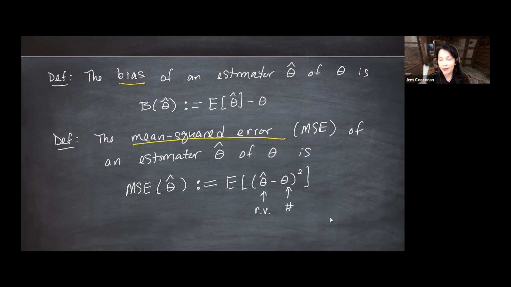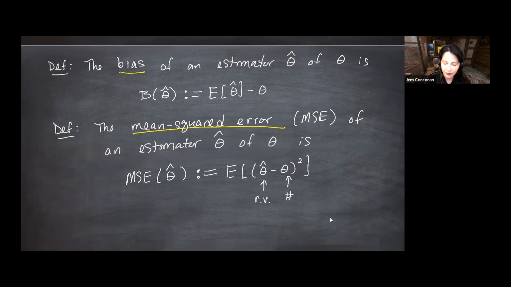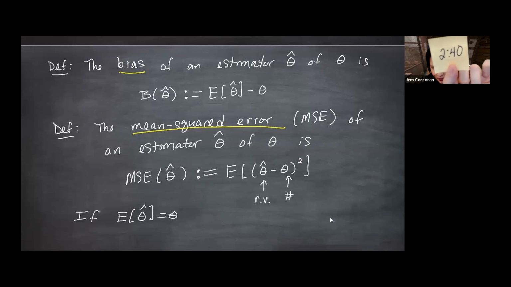And if you have an unbiased estimator, so if the expected value of theta hat is theta, then what you're seeing here is a random variable minus its mean.